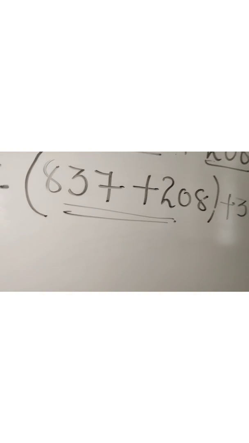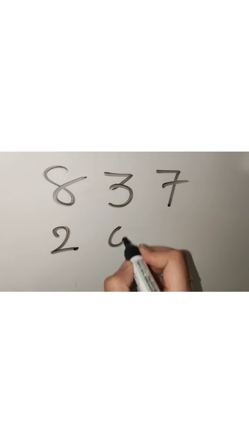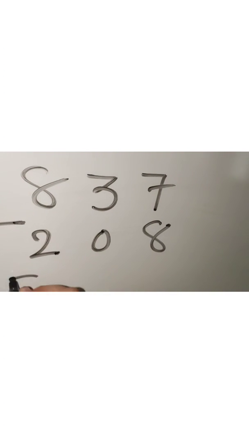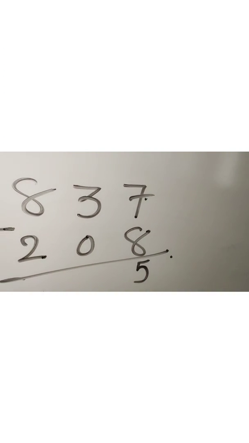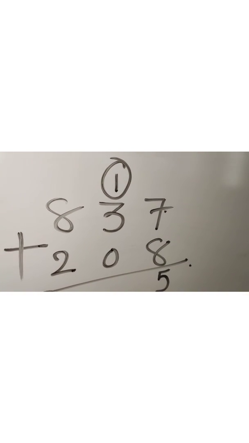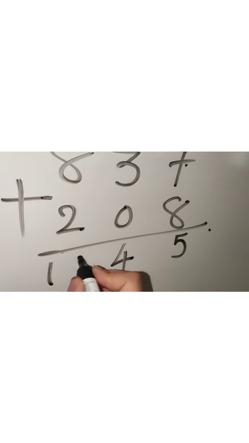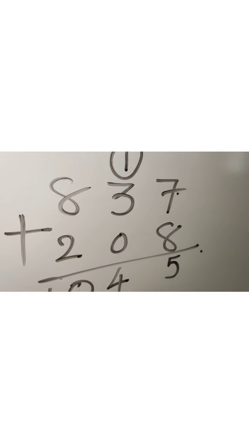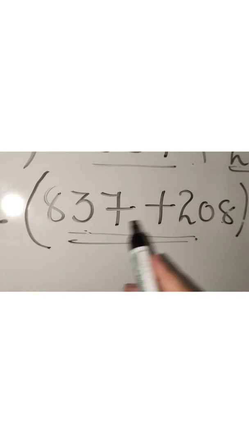837 and 208. So 8 plus 7, 15 or 7 plus 8, 15. 1 will be carry over to next. 3 plus 1, 4 and 8 plus 2, 10. So this is our answer of these two numbers.